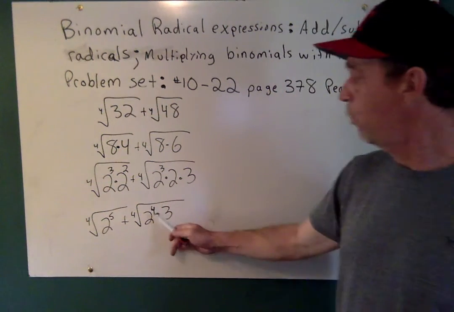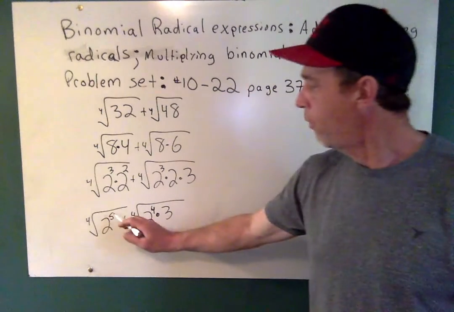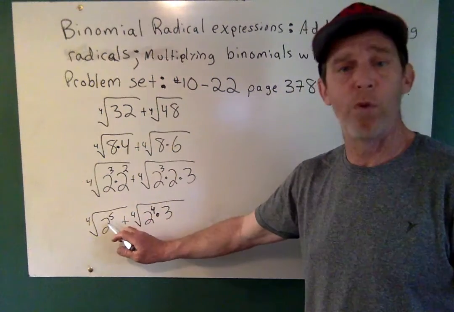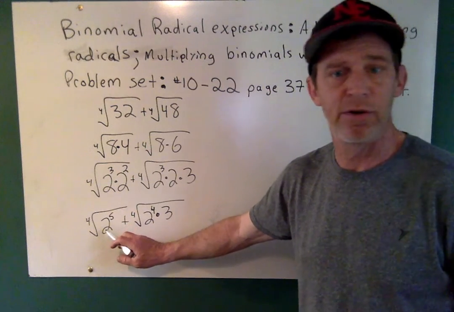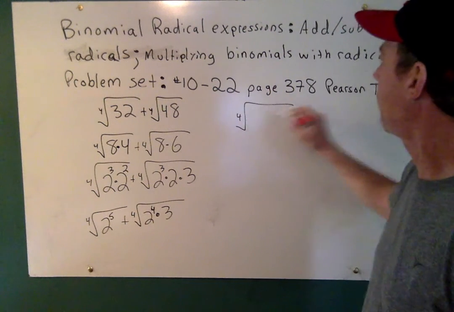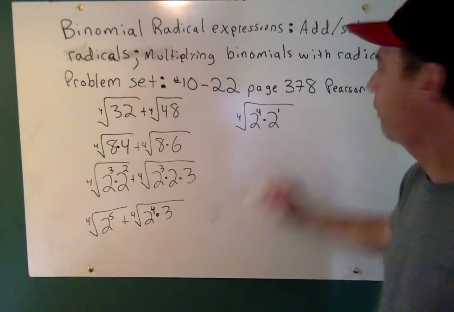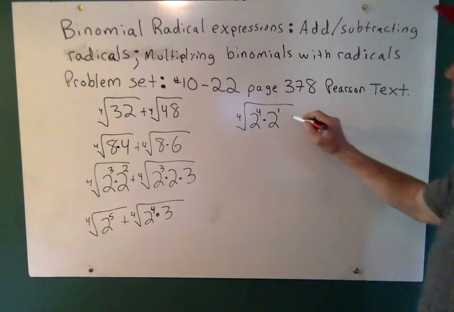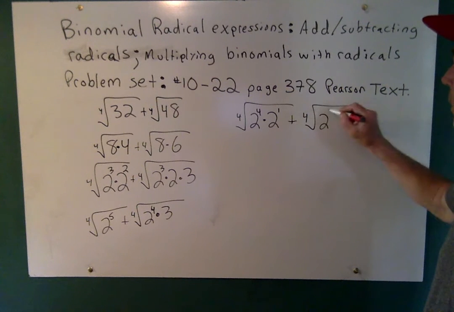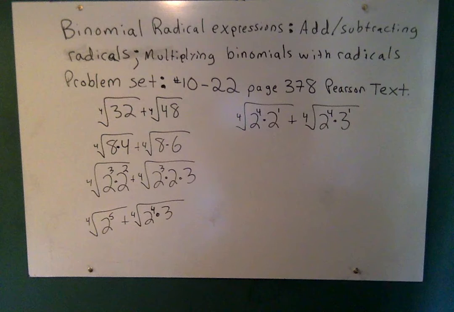Now, we can see in the second one, that's going to have a 4 over 4. That'll be an integer. That'll be great. However, 4 doesn't go into 5 evenly, so we break this up as 4 plus 1, like we did in the previous section. So over here we have the fourth root of 2 to the 4th times 2 to the 1st, which is 2 to the 5th, plus the 4th root of 2 to the 4th, 3 to the 1st.